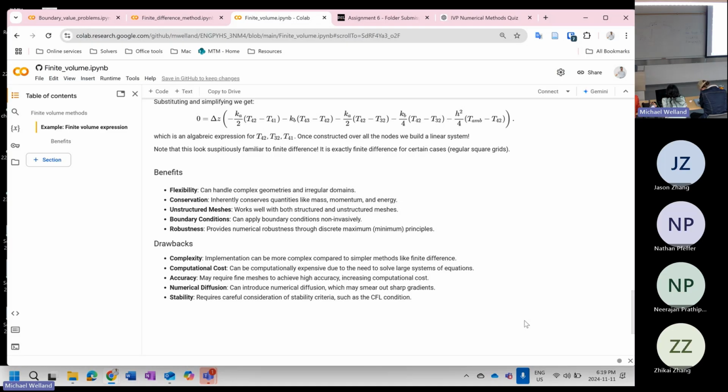You also lose out on that nice property of central differences and things like that. So you are a little bit handcuffed by the order accuracy of that. There are numerical diffusion techniques, which are ways that you can handle the sharper gradients, but it's still stable for it. And the CFL condition is that instability there.